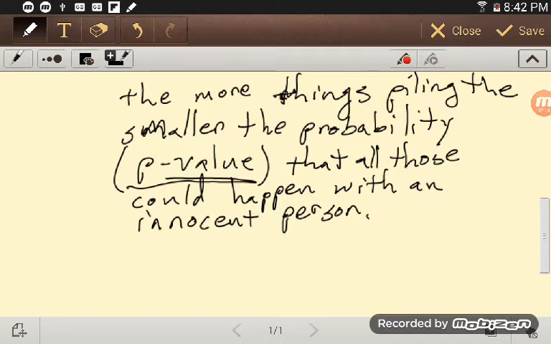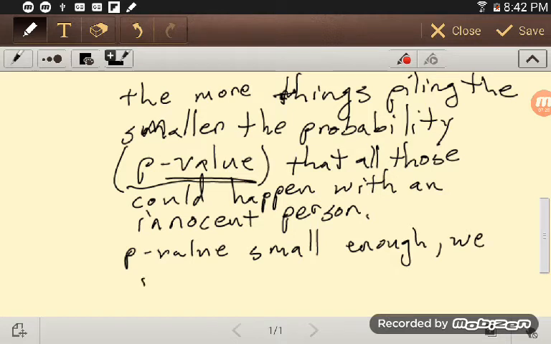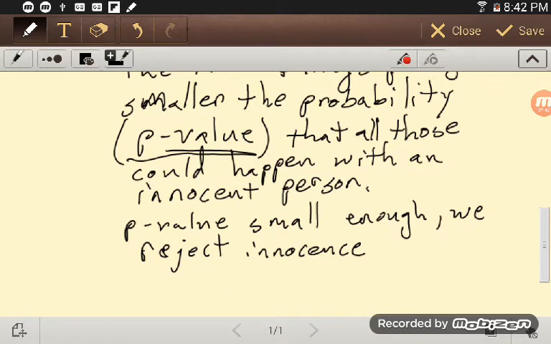And once the p-value is small enough, we reject innocence, right? We say, no, couldn't have been. We reject H0, and we pick HA instead.